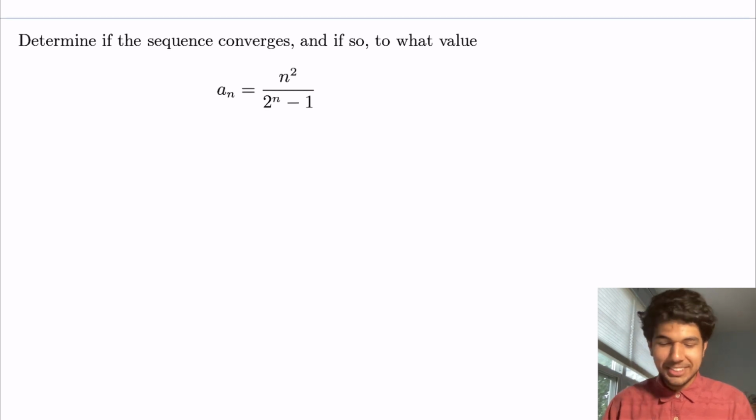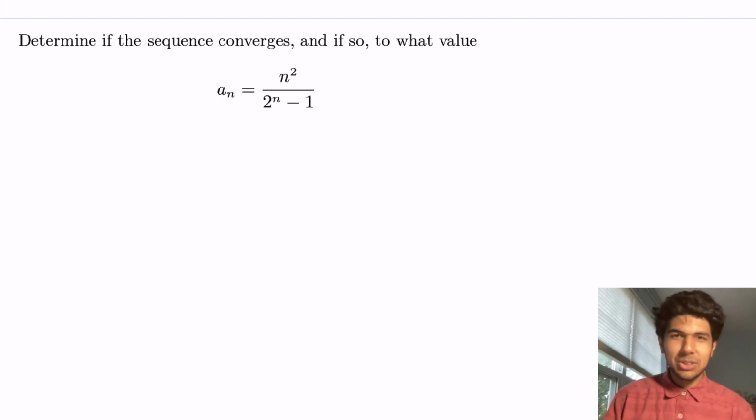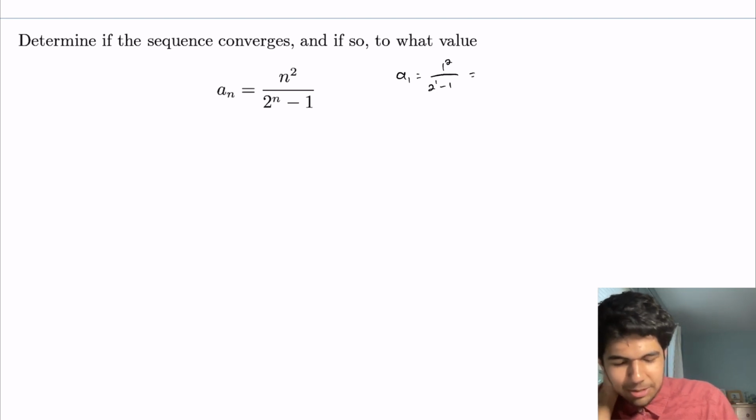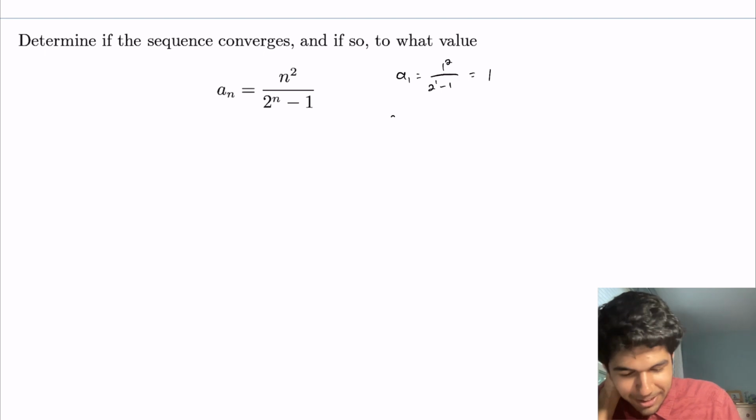Determine if the sequence converges, and if so, to what value. Okay, this one's a little bit more hefty. Let's try listing out a couple of terms. So a sub 1 is equal to 1 squared over 2 to the 1 minus 1, which is equal to 1, I believe. A sub 2 will be 2 squared over 2 squared minus 1, which is 4/3.